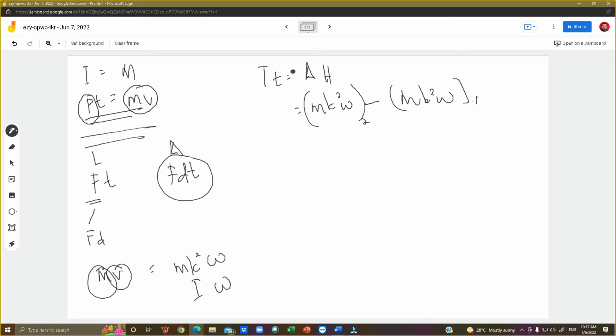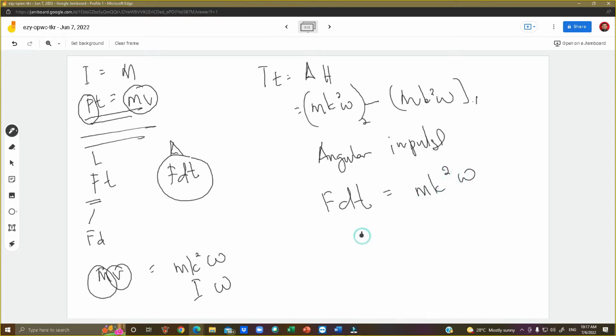So in angular case, sometimes if the information being given is the information of momentum, this is how you find torque, the change of momentum. But if you have all the information other than that, you can also see angular impulse is Fd T, impulse, and it also equals mk square omega.